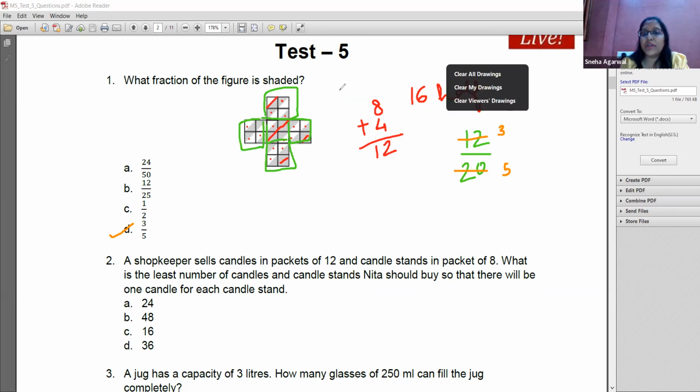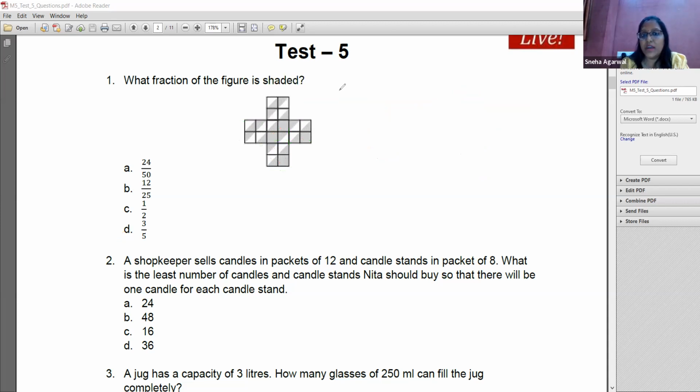So what you have to do over here, guys, is first look at the number of half shaded squares. How many squares are half shaded? Because these are squares, if you count the number of half shaded squares and half that, that will be the number of full shaded. So 1, 2, 3, 4, 5, 6, 7, 8, 9, 10, 11, 12, 13, 14, 15, 16.